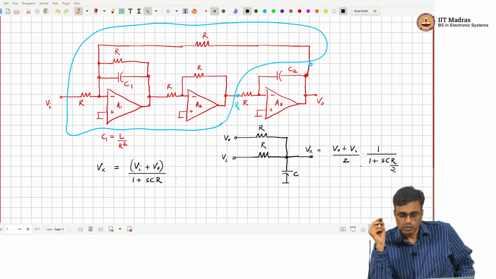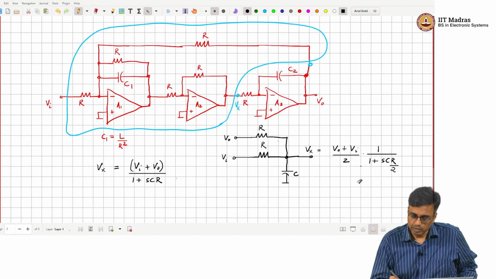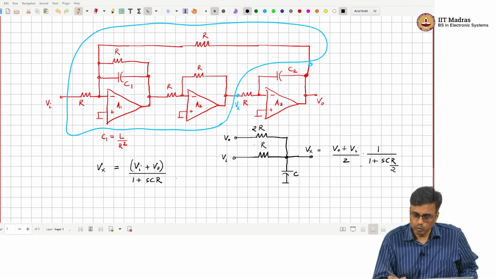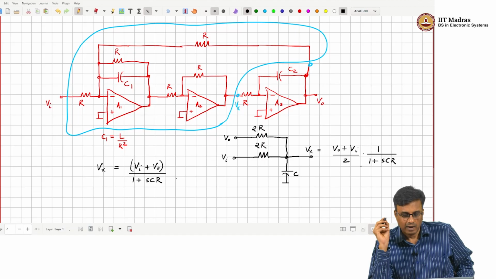Okay. So, is there something we can do to get back this? I mean, clearly, if we choose, instead of making this R and this R, if I make this 2R and make this 2R, then what will happen? That becomes 1 by 1 plus SCR.